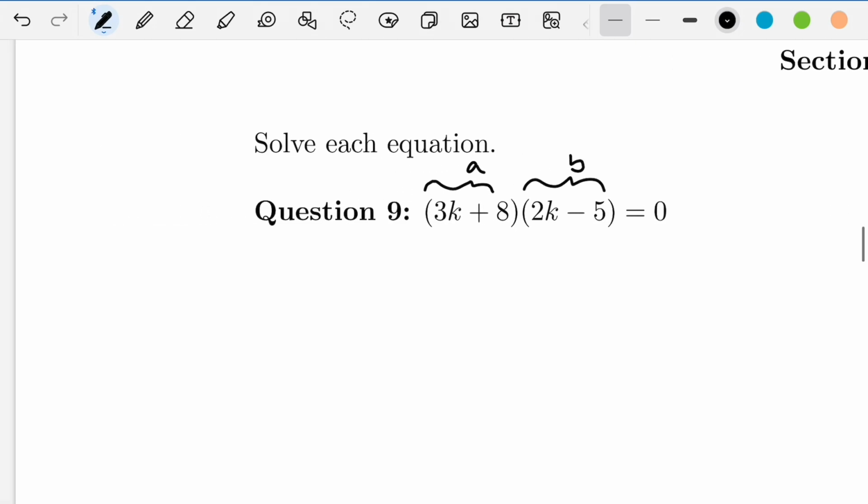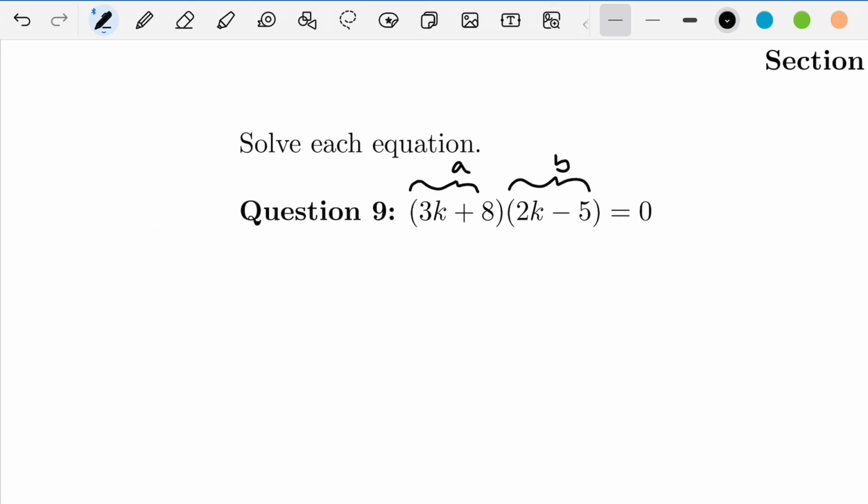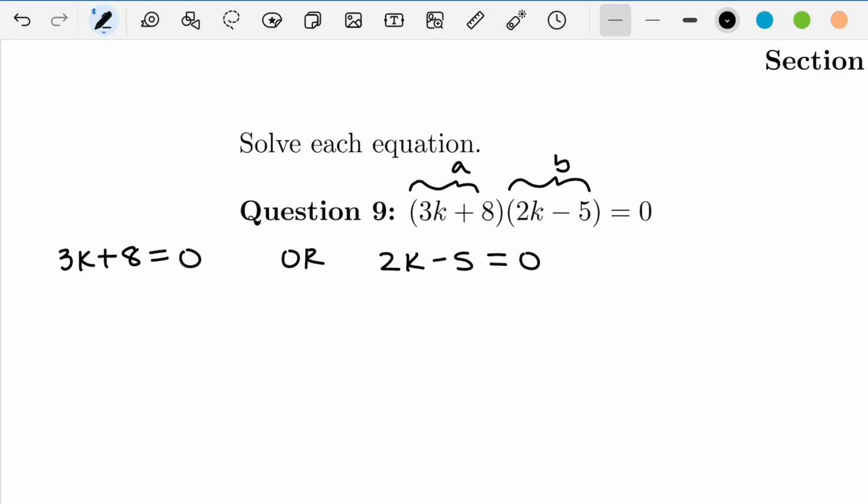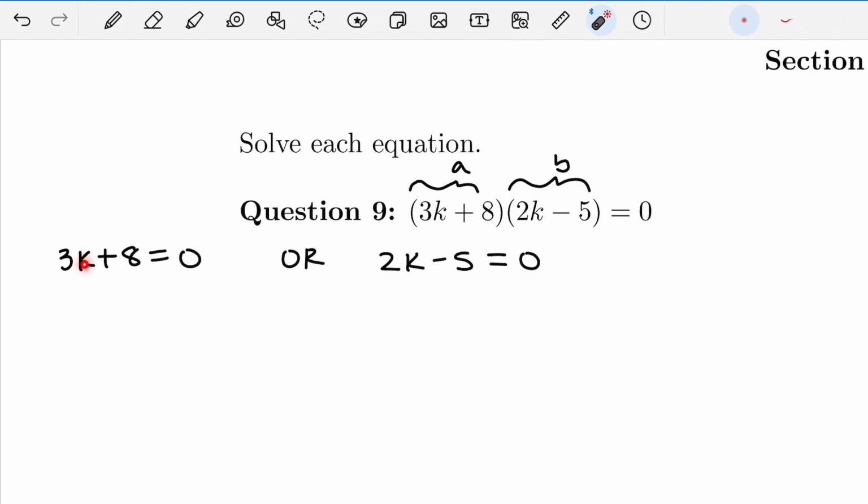So our property says that if that product is equal to 0, then A must be equal to 0, so 3k plus 8 must be equal to 0, or B must be equal to 0, so 2k minus 5. So from here, what we want to do is figure out which value of k will make this 0, and which value for k will make this 0. So in other words, we need to solve both of these equations for our variable k.